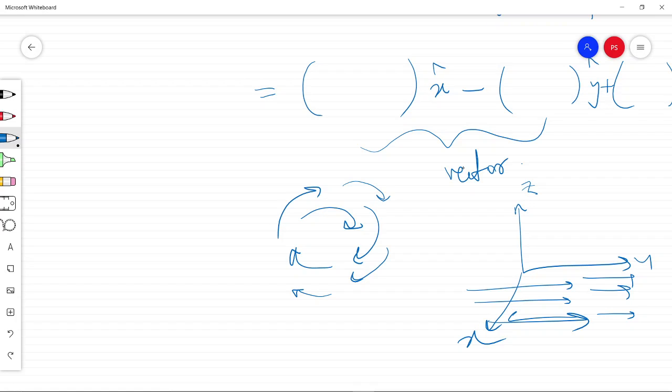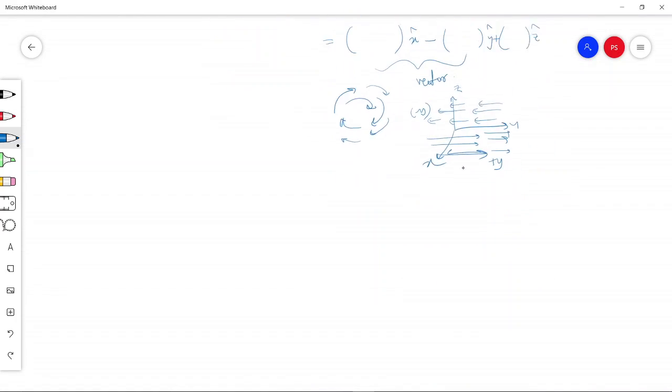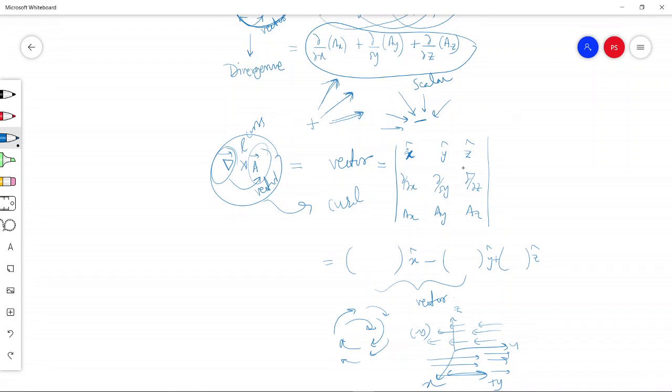Then half of the region gives us the vector field in the positive y direction, and the other half of the xy plane gives us the vector field in the negative y direction. So such types of vector fields are also going to show curly nature. Once we have known these three fundamental operations, we can proceed further. Thank you.